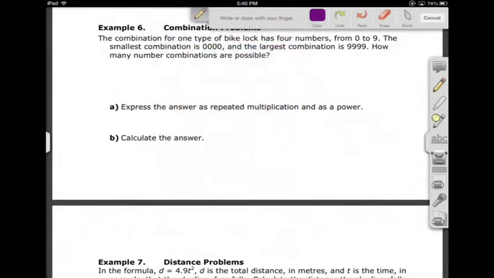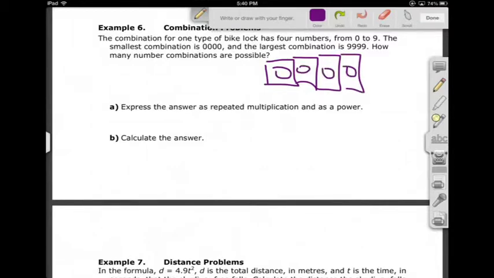We'll stick with purple. What the heck? A typical bike lock, if you look at the bike locks where they have the little sliders, they'll look like four little numbers like this. Those numbers can go from 0 to 9 on a couple of these standard cylinders. What we want to do is figure out, how many combinations are there total?